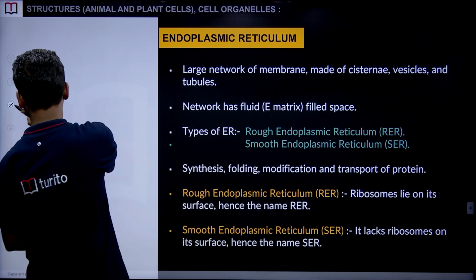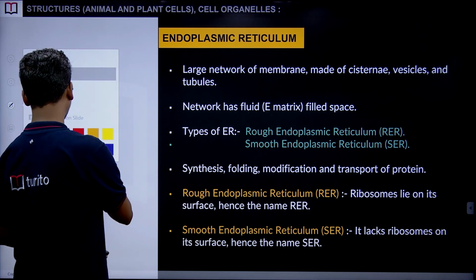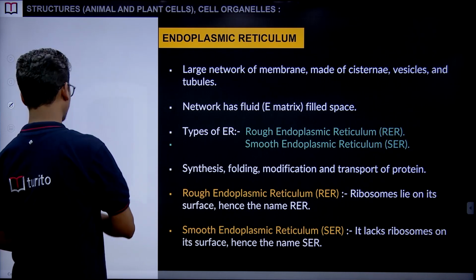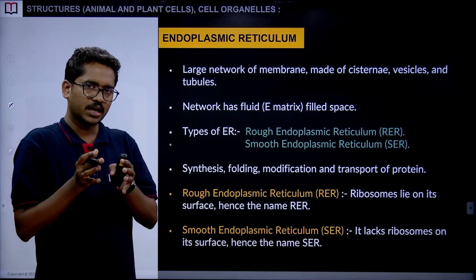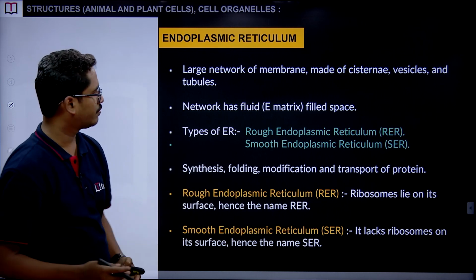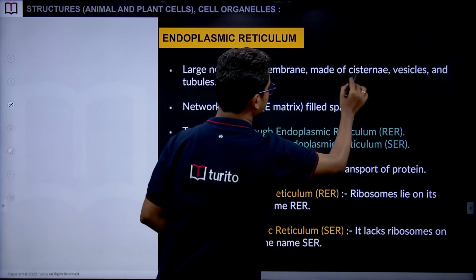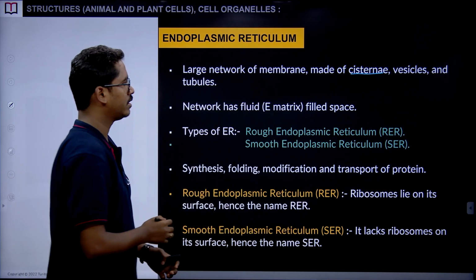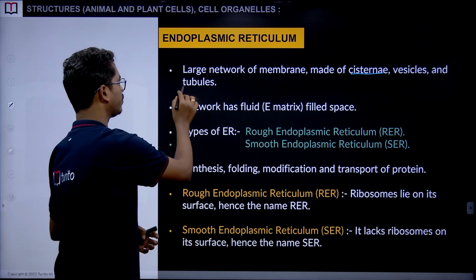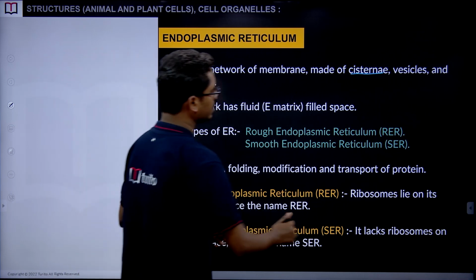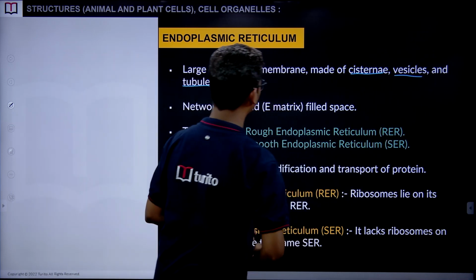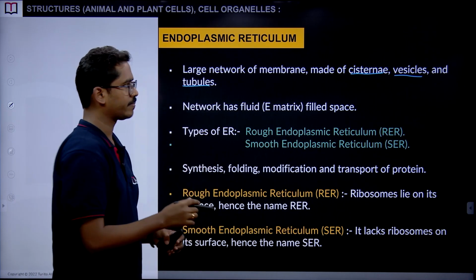Now, what do we do with this? This endoplasmic reticulum is again an interesting organelle. Just like mitochondria, here also you will find cisternae, and it has vesicles and tubules. I will show you what they are.